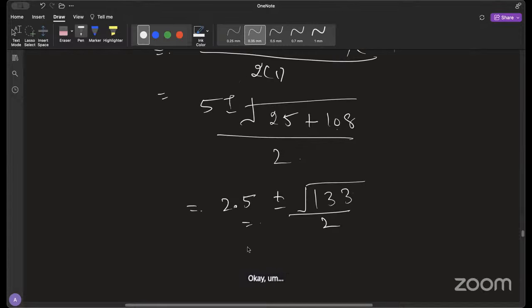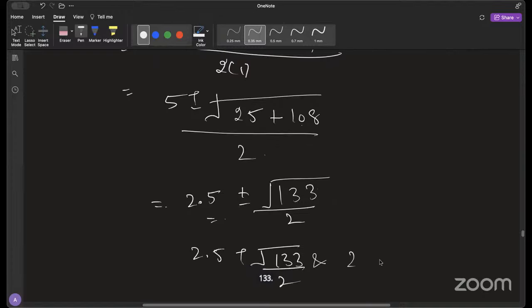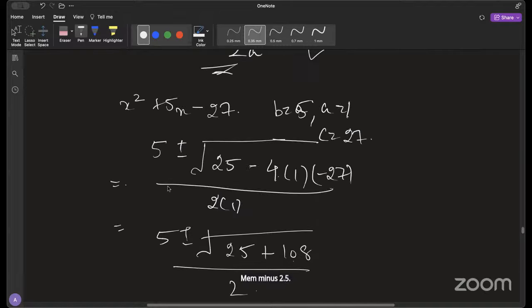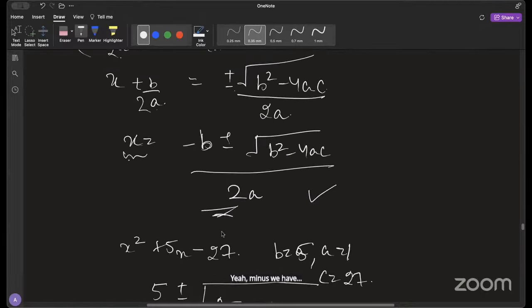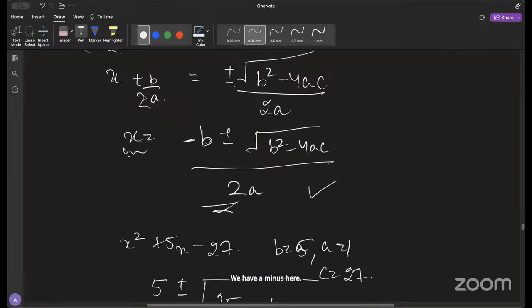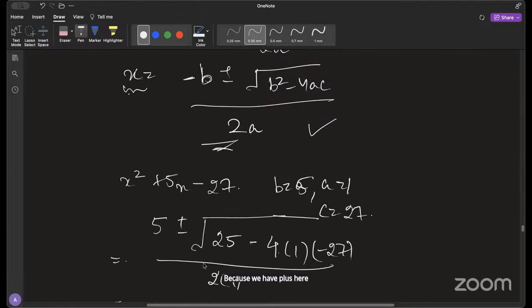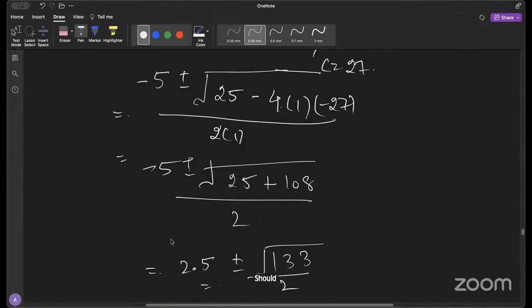It's 2.5 plus square root of 133 by 2, and 2.5 minus square root of 133 by 2. Actually, we have a minus here because we have plus here. It should be minus 2.5.